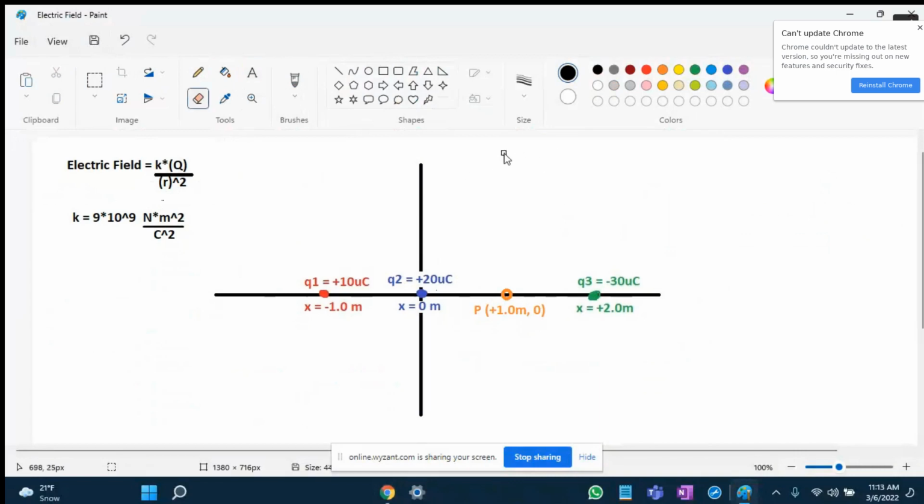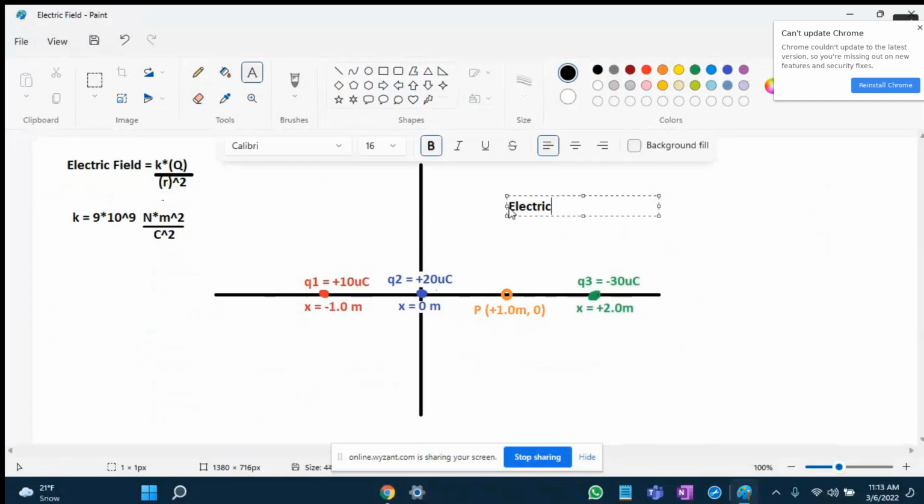The electric field is always going to be directed away from a positive charge and toward a negative charge.